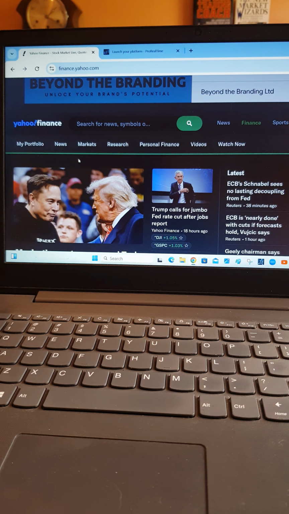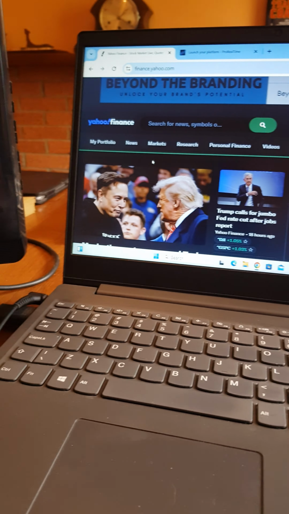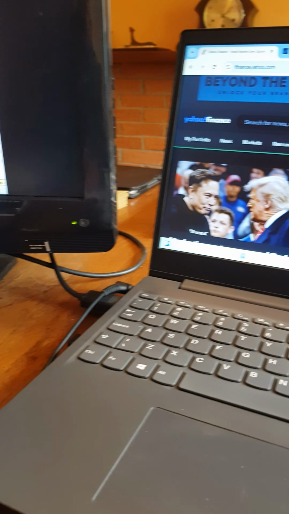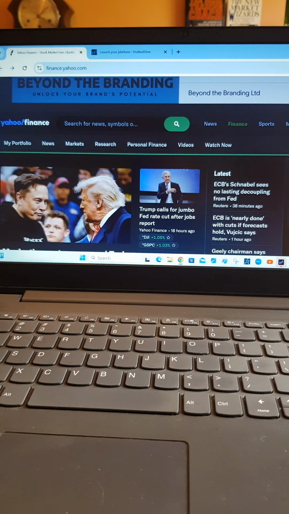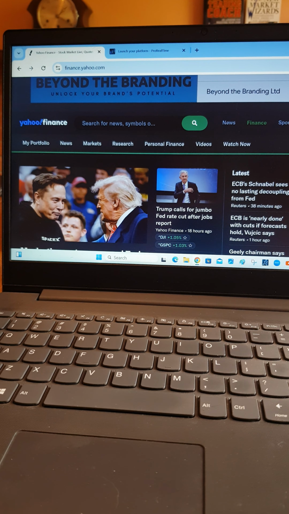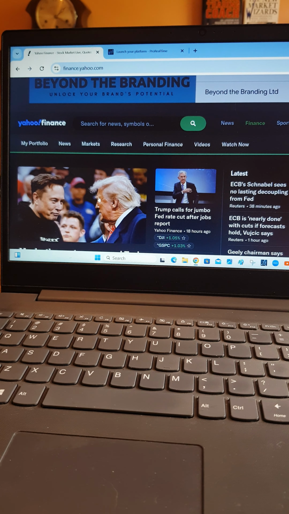Now, I suggest you have a powerful enough computer for starters, because I find if I have my trading platform set up here, say on the left hand side on this side screen, it uses up a lot of computer power and energy and space, and it can cause everything to slow down and be sluggish.